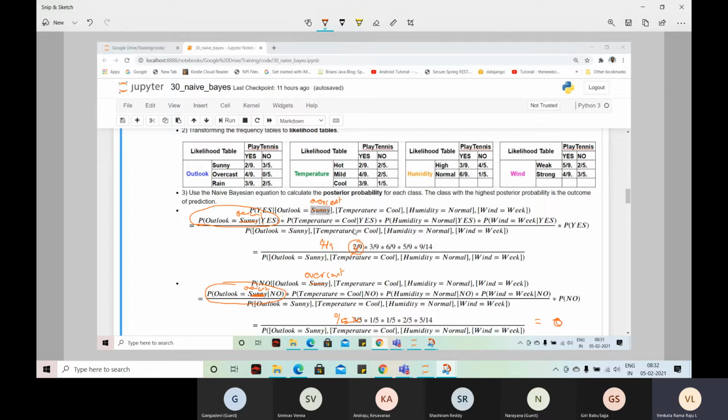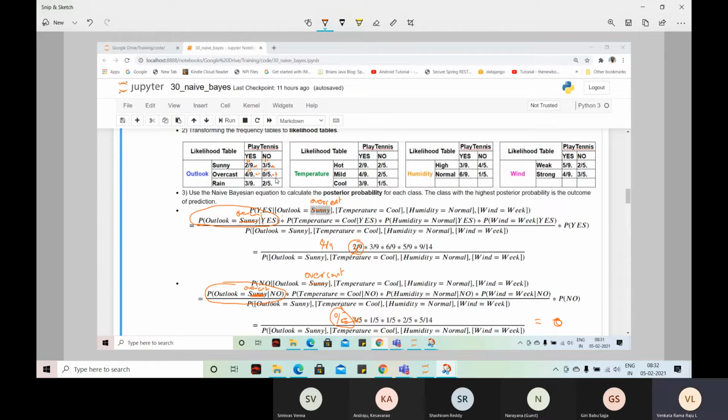Even when we divide the data into independent assumptions, split the probabilities and multiply, we have the zero probability problem. To avoid it, there is a concept called Laplacian correction. For every numerator and denominator, we'll add one. Here one, here one, here one, here one.